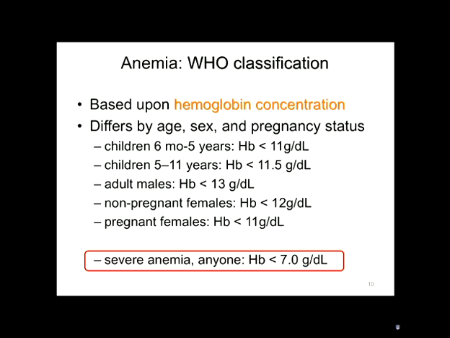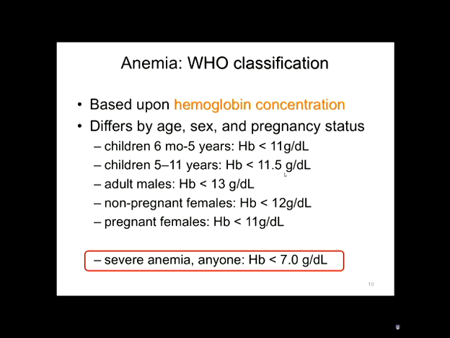For example, children between 6 months and 5 years, if their hemoglobin drops below 11 grams per deciliter, that's supposed to be indicating anemia. Pregnant females, same kind of number applies. But if the female is not pregnant, a drop below 12 is considered abnormal, and so on.